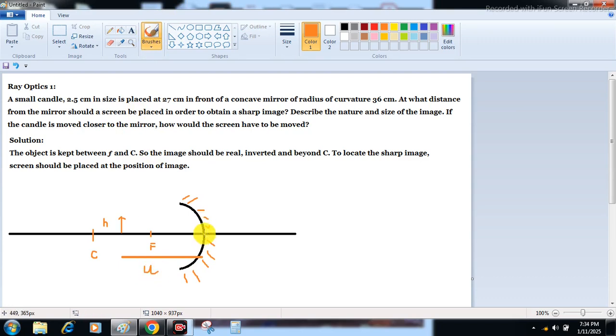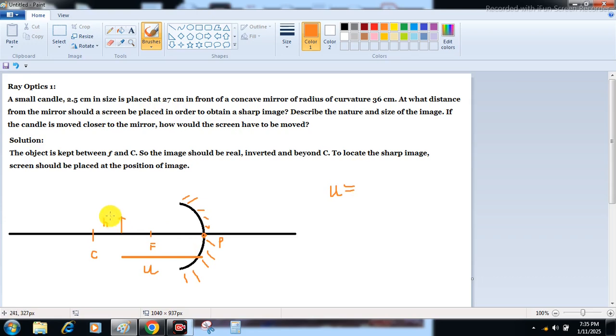P is called the pole of the mirror. F is the focal point, and C is the center of curvature, whose distance is the radius of curvature of this concave mirror. So the object is placed in front of the concave mirror at 27 centimeters.